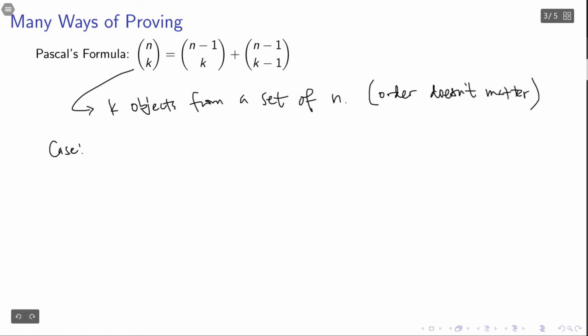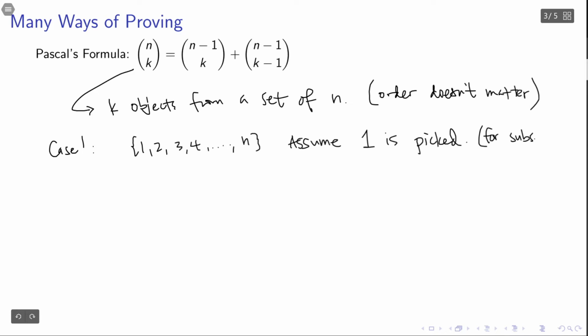Case 1. Given our set of n objects, 1, 2, 3, 4, and so on until n, what if we assume that the element 1 is picked for the subset? Okay, well, if 1 is picked, what does that mean for us?